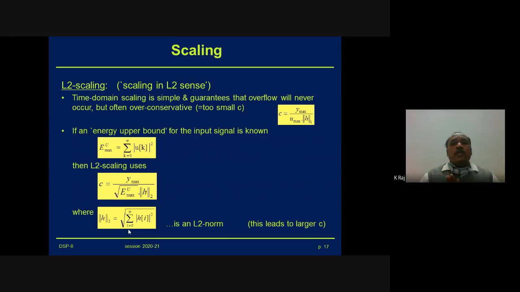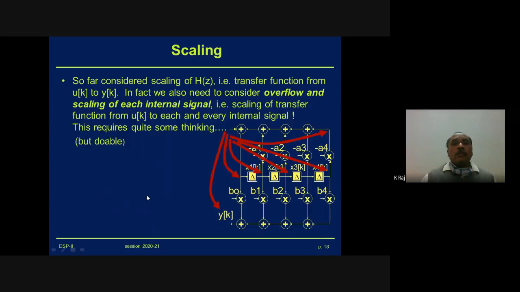Now, if we are using the L2 norm for deciding the C here, then using that we can say C will become Y max upon this, using this formula: the square root of E max, multiplied by the absolute summable value of the H. Now, whatever the value of the input, that will be shifted, and then applied to the processing that has been represented graphically here.